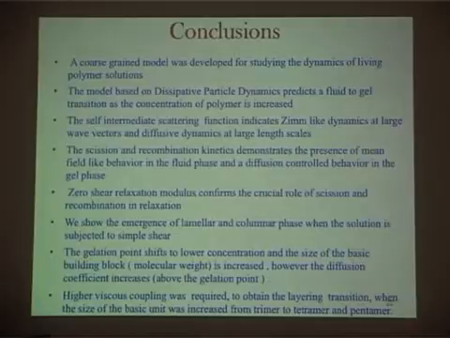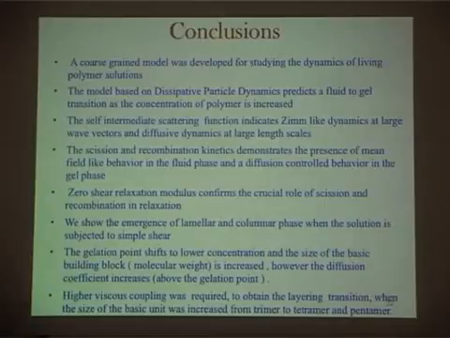We can go to higher segment lengths. Instead of looking at the trimer, you can also look at tetramers or pentamers, and you still get this isotropic to layered transition.